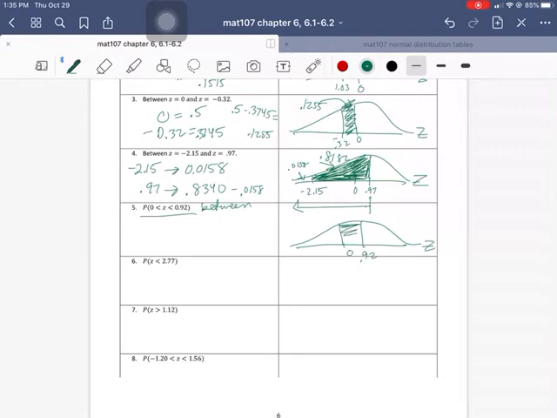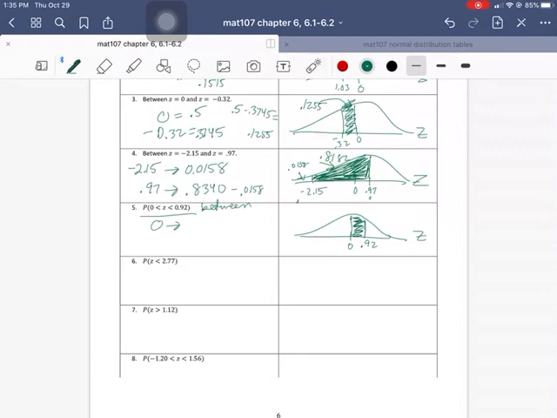It doesn't have to be perfect, okay? Looks a little off, in fact. I don't like that one. A little too much off. Okay. Z. Okay, 0's in the middle. 0.92 is right there, and between is right here.